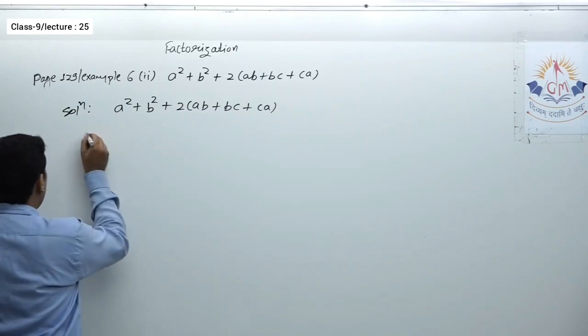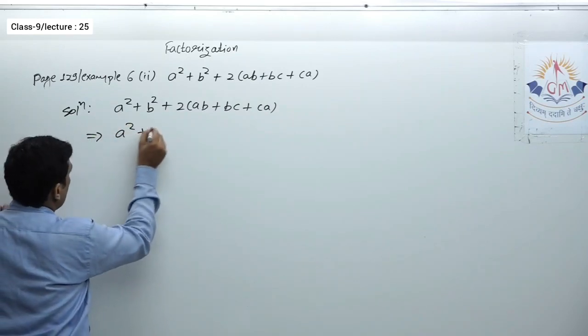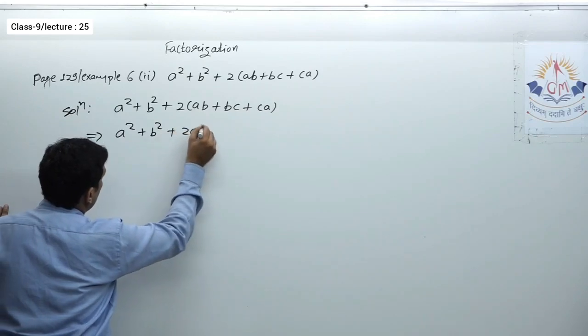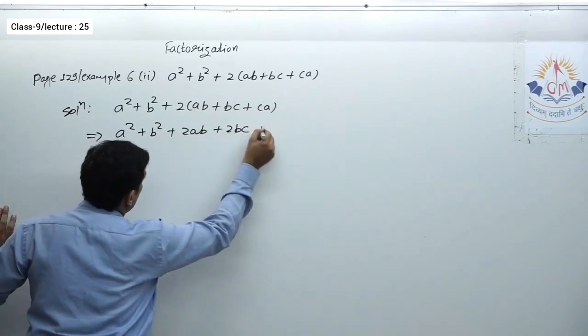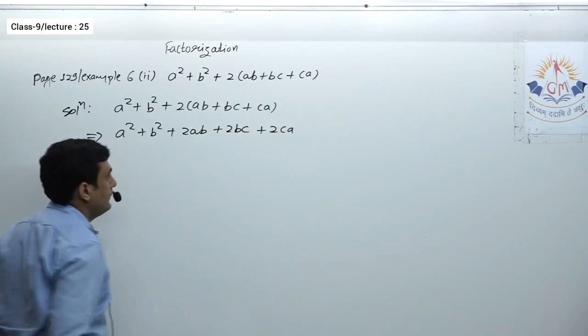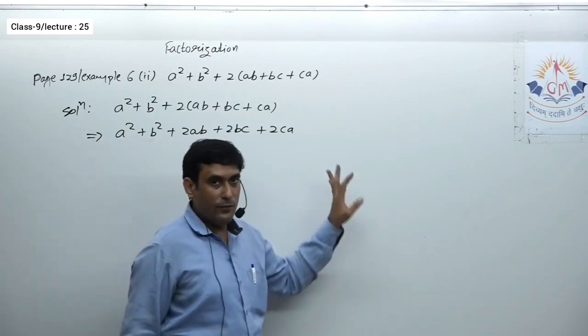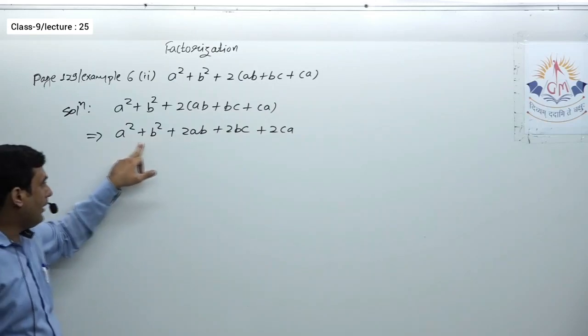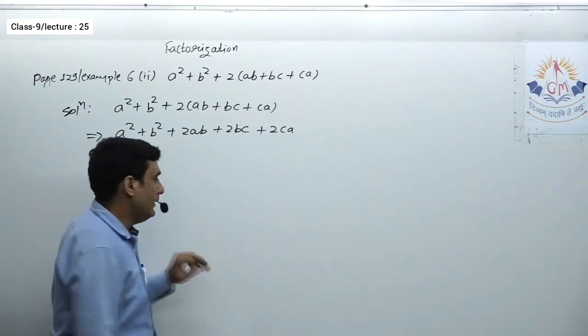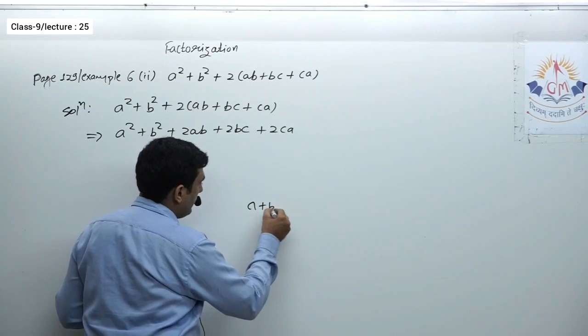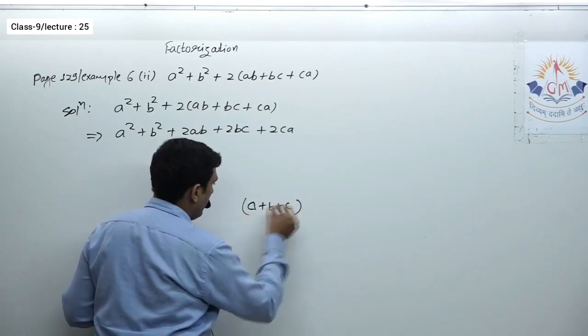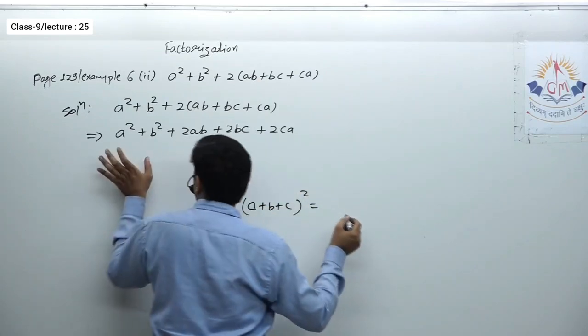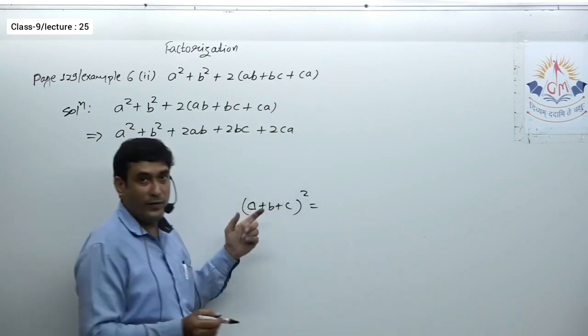Now if I multiply, what I will get, a square plus b square plus 2ab plus 2bc plus 2ca, isn't it? Now if you remember this, these 5 are the parts of an identity. Which identity? A plus b plus c whole square, isn't it?